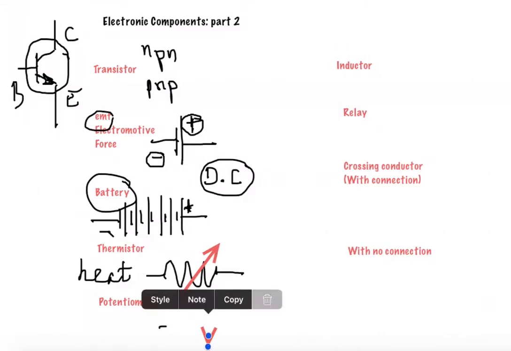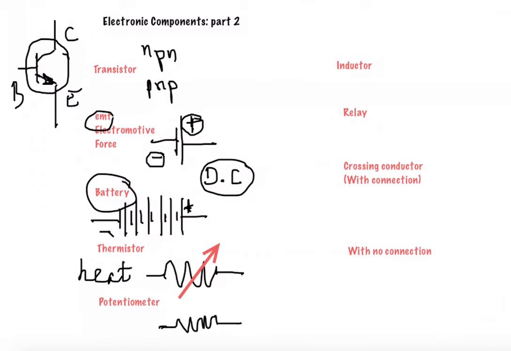Okay, so here is again the resistance, and we have an arrow pointing to the center. So this is also something with three legs, and the potentiometer is used to regulate the resistance for a given resistance. We're going to see that when we do some practice.